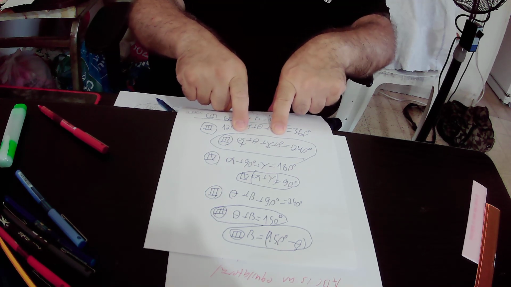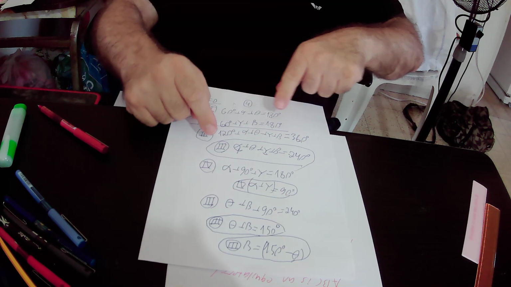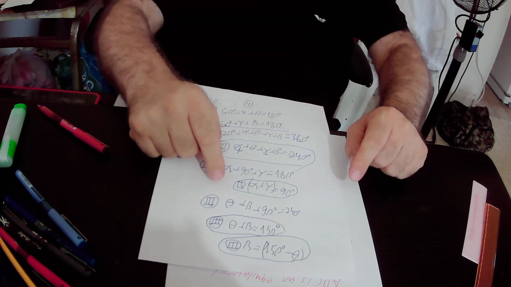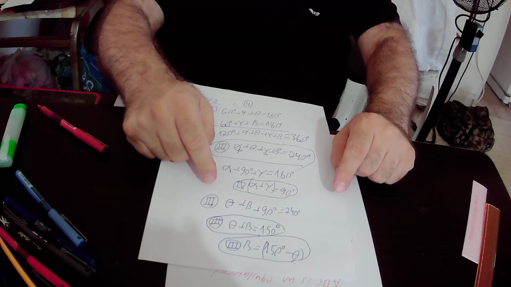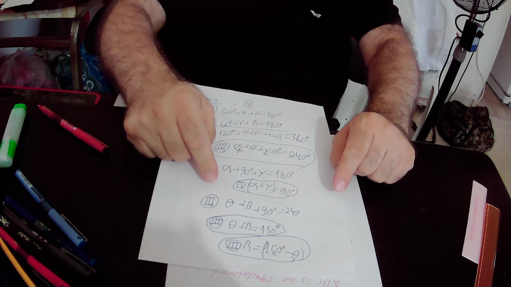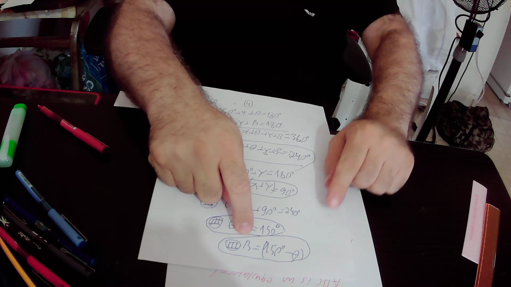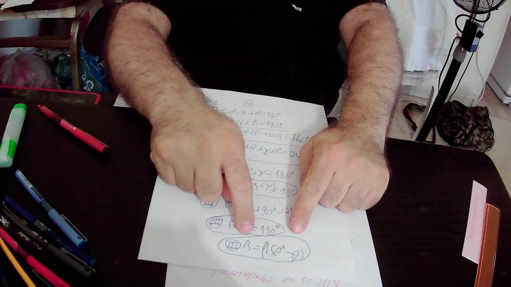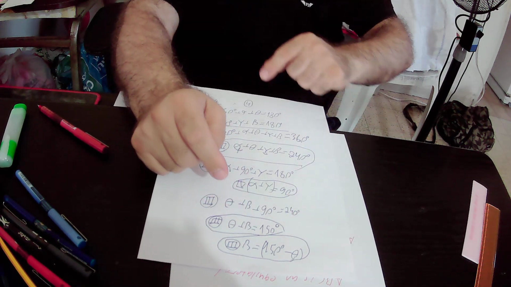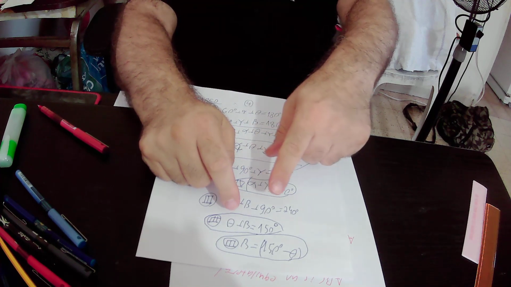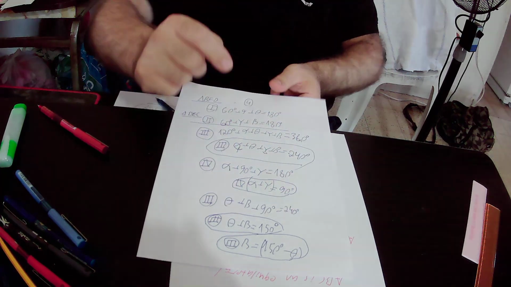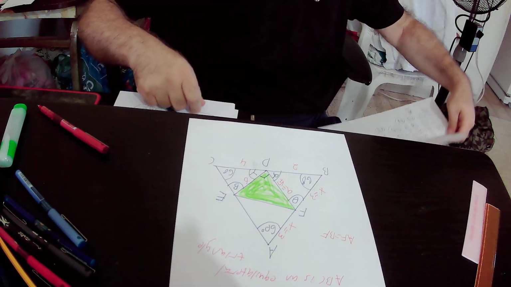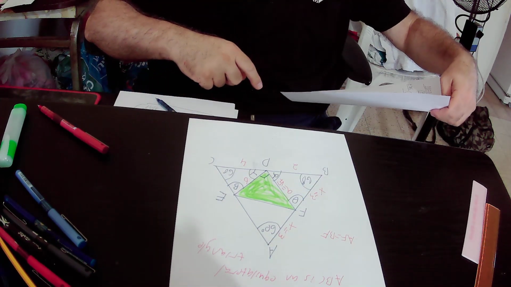So we substituted alpha plus gamma by 90 degrees in the third equation, and we got that beta equals 150 degrees minus theta. Okay, we found the value of beta, it equals 150 degrees minus theta. Okay, we will use it later.